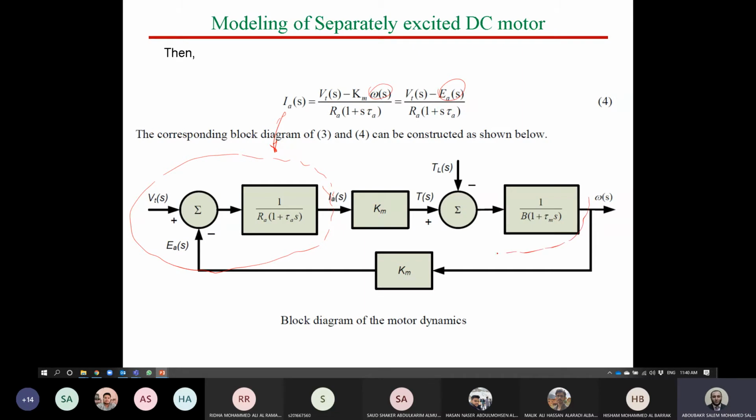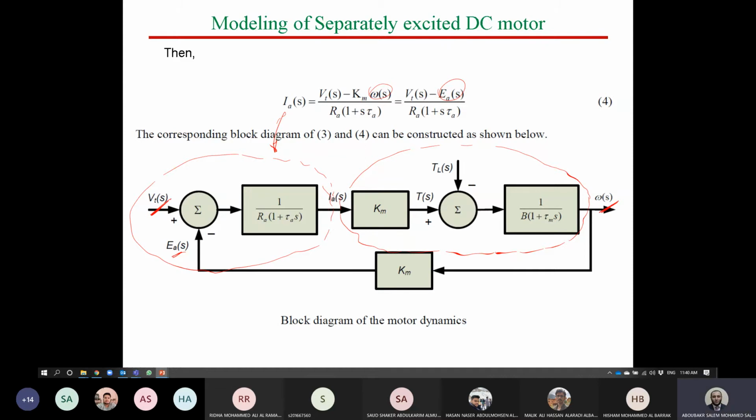So this part now represents the mechanical equation. To connect the two equations together, you have the relation that EMF equals K multiplied by omega. So we multiply as a feedback like that to get the value of E of S here. So in this block diagram, the input is V, which is the supply voltage. The output is omega, which is the motor speed. So this now represents a complete block diagram for the DC motor.